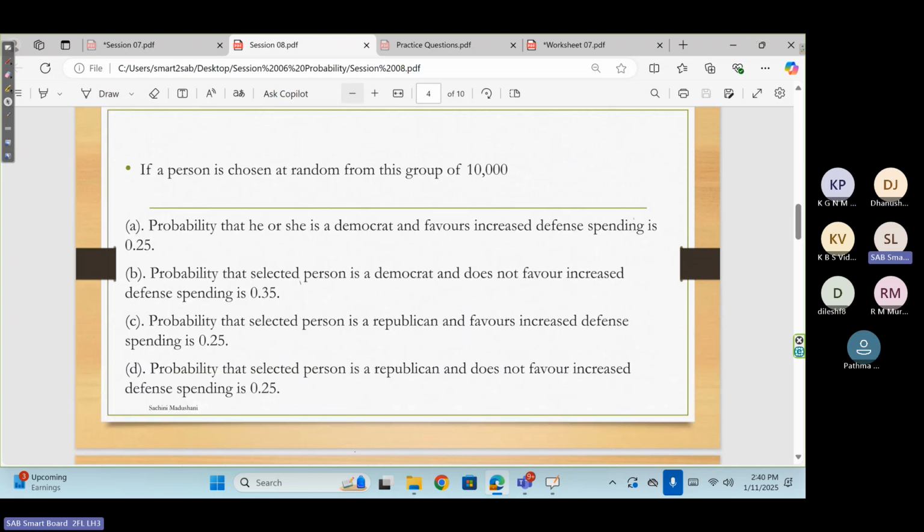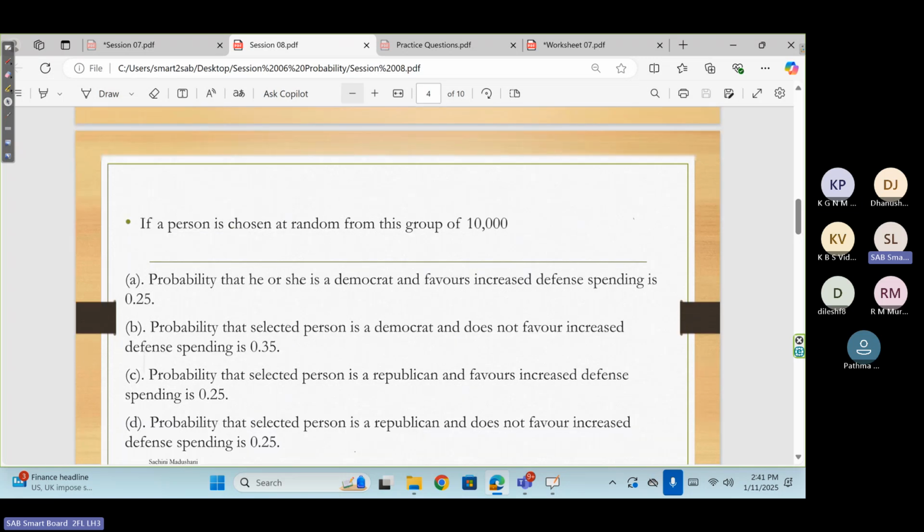Read the first part. If a person is chosen at random from this group of 10,000, what is the probability that he or she is a Democrat and favors increased defense spending? Two things are mentioned, their political party and their attitude, both.